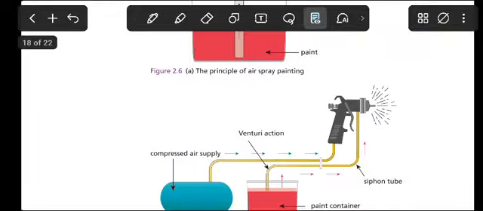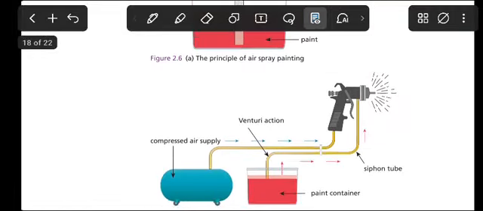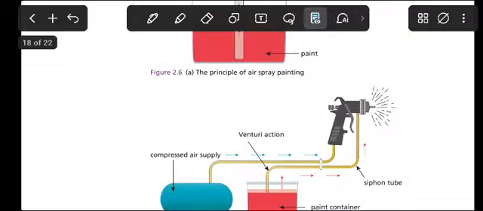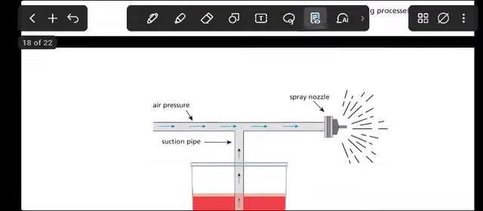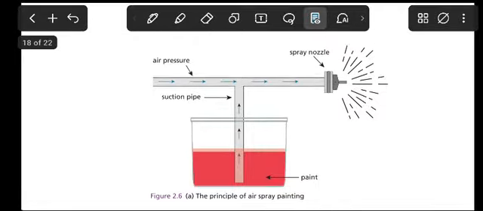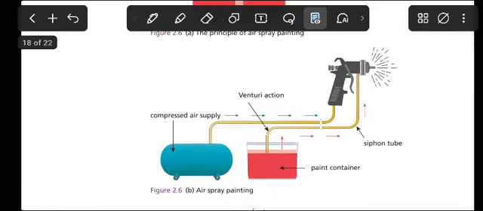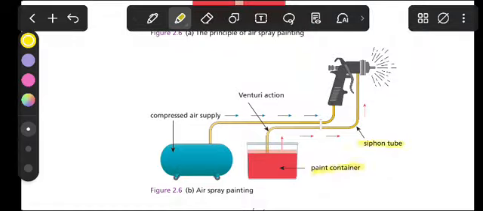Another one is air spraying painting. This is the principle, the structure. Then we have here figure 2, air spraying painting. We have a compressor and a reaction vector. You draw the paint container and suction tube.